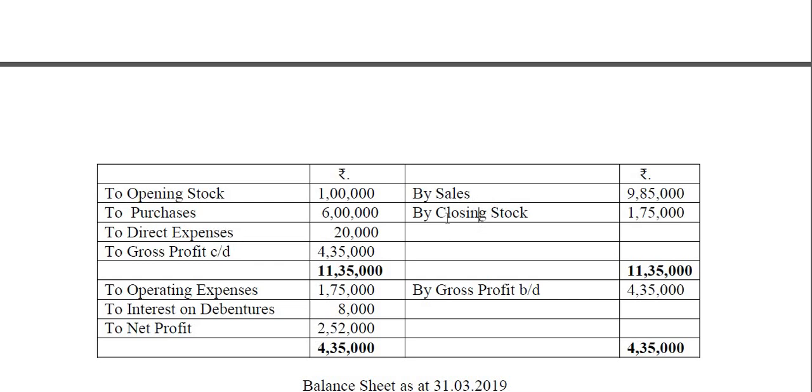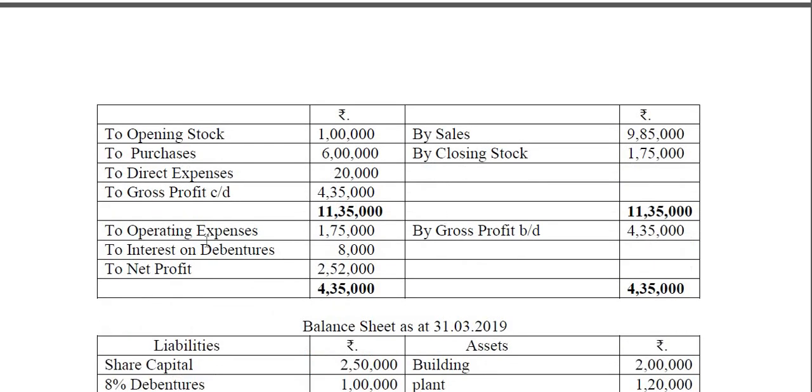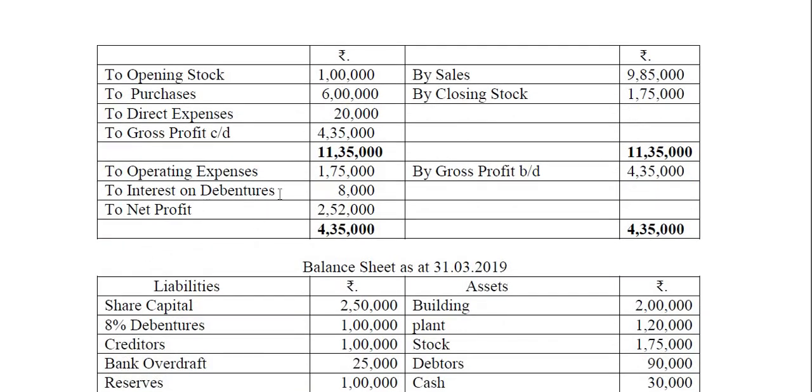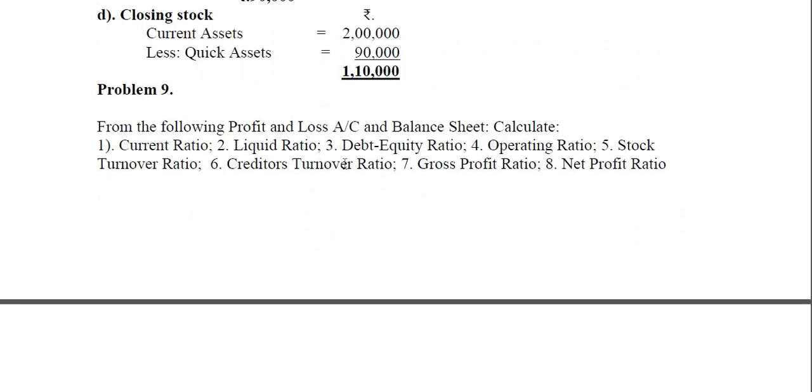You will get cost of goods sold. Cost of goods sold plus operating expenses given here 1,75,000. And interest on debenture is financial expense, therefore it is not included in the computation of operating ratio. So cost of goods sold plus operating expenses divided by net sales into 100. Thereby you will get operating ratio.